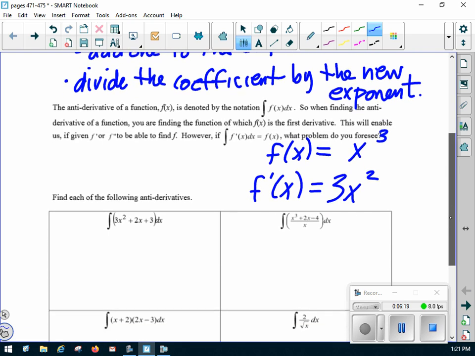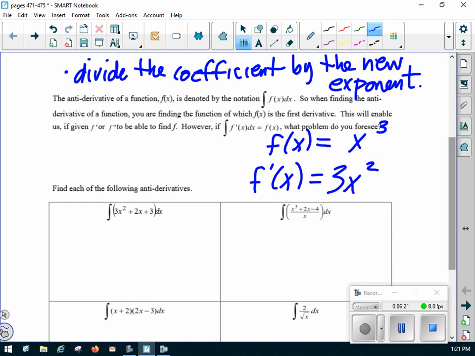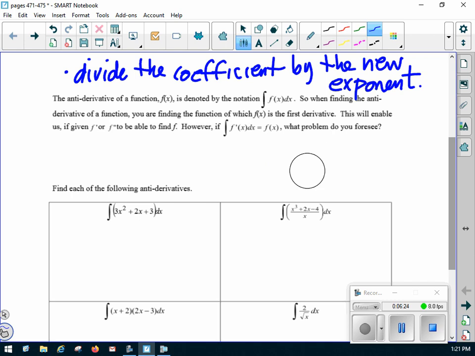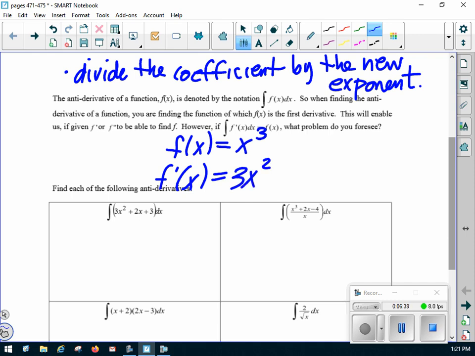I'm glad you asked. The answer is no, but now I'm going to ask you another question. What's the derivative of that? Is x cubed the only function that has a derivative of 3x squared?